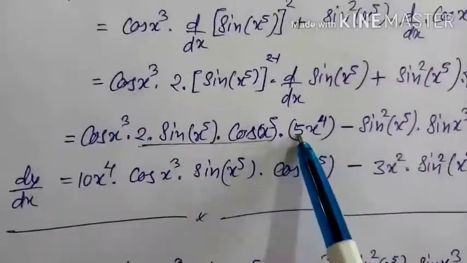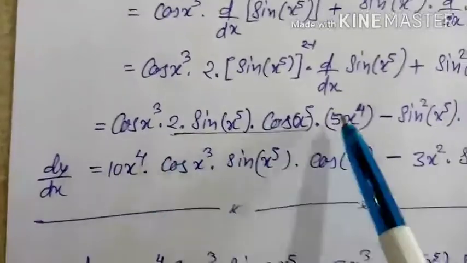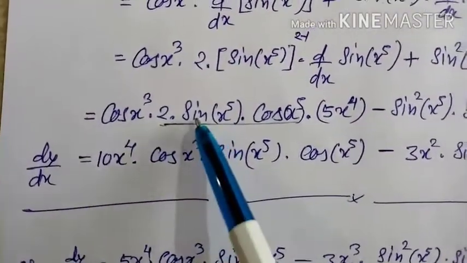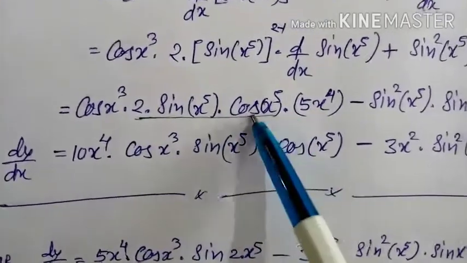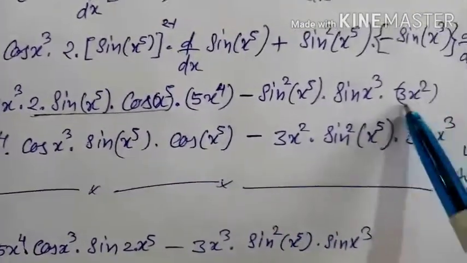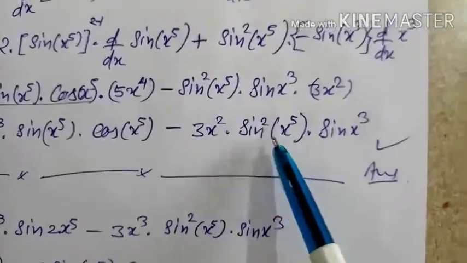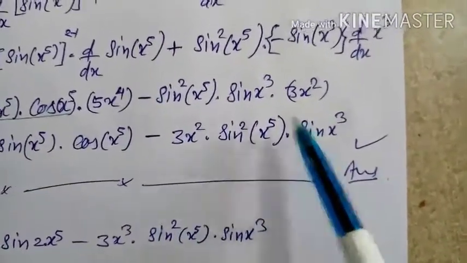Okay, now 5 into 2, this is 10 x to the power 4 right here. This is cos x cube. After that, sin x to the power 5 and cos x to the power 5, minus 3x square right first. After that, sin square x to the power 5 into sin x cube.